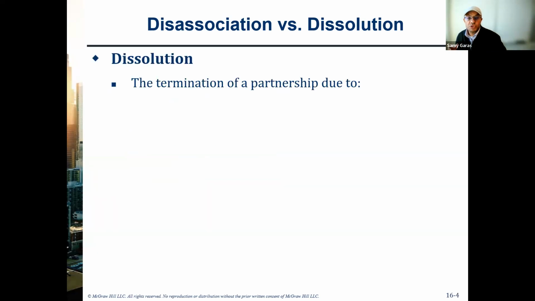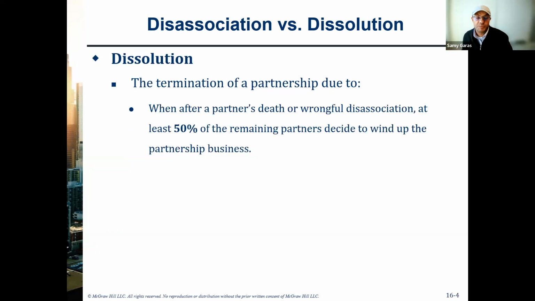The dissolution talks about different issues. We talk about the liquidation, the winding up of the business, and this could happen when one of the partners decides to leave. We need at least 50% of the remaining partners to approve the withdrawal or the dissolution or the liquidation of the company.